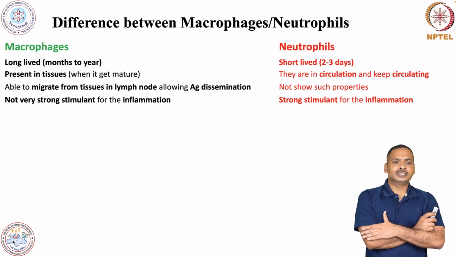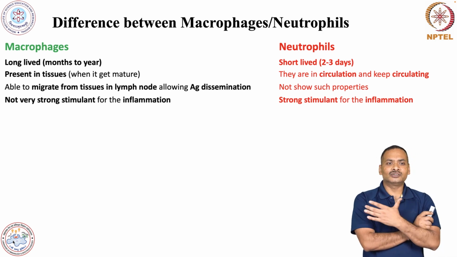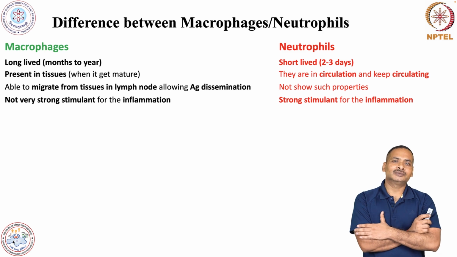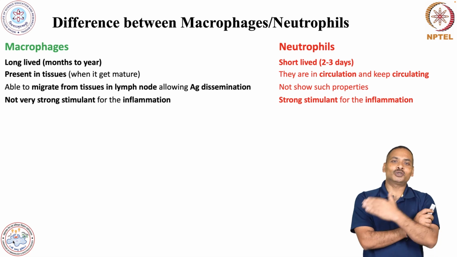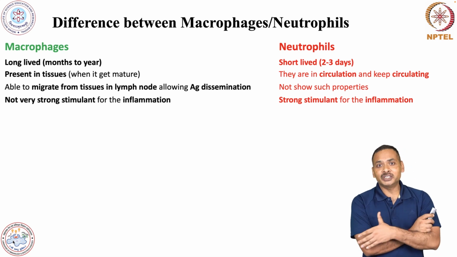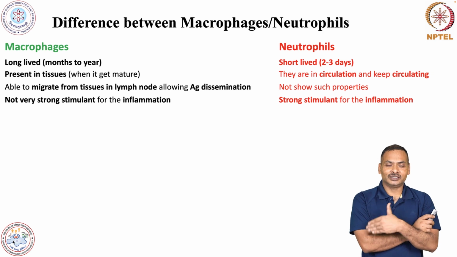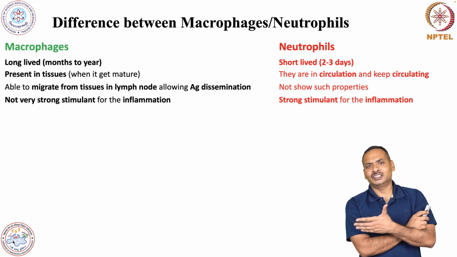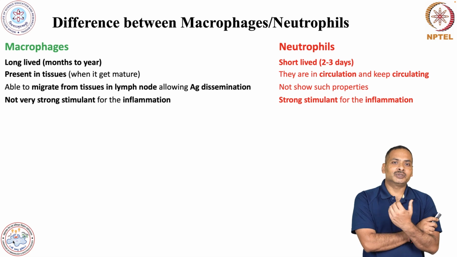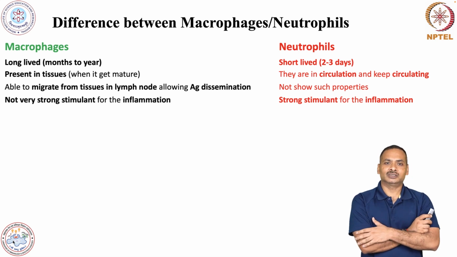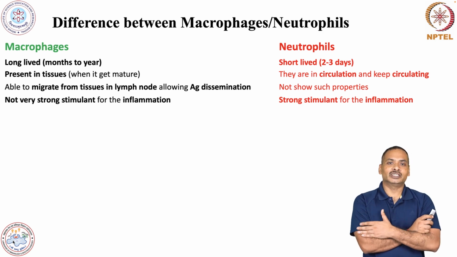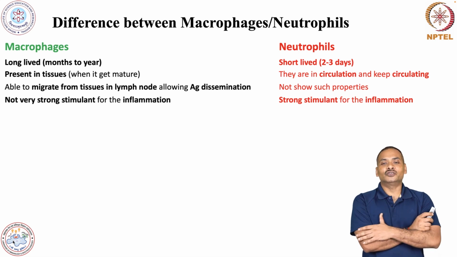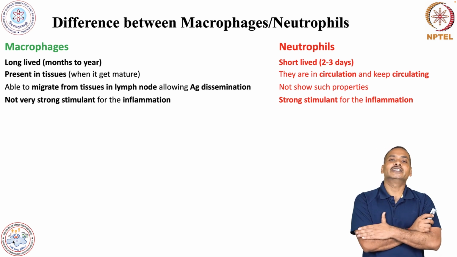Macrophages are not a very strong stimulant for inflammation compared to neutrophils. They do produce inflammation through the production of a variety of inflammatory cytokines such as IL-6, TNF and IL-1 beta, but they are not a very strong stimulant. On the other hand, neutrophils are a very strong stimulant for inflammation.